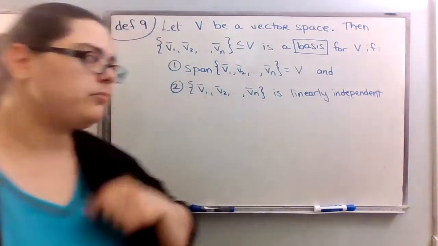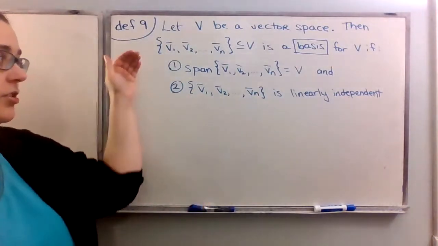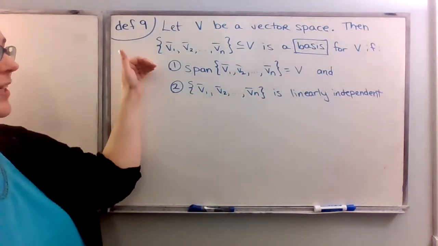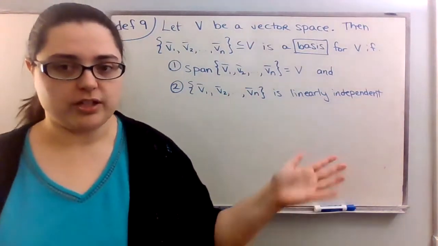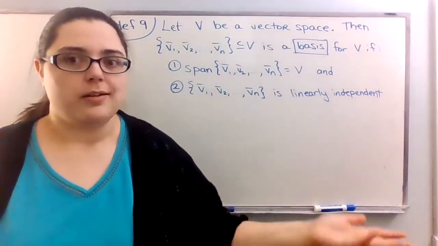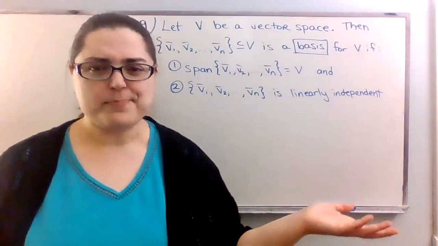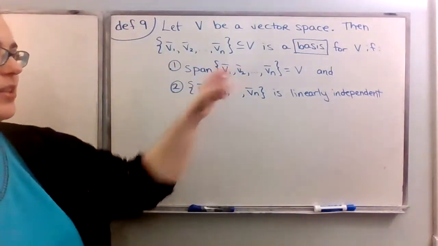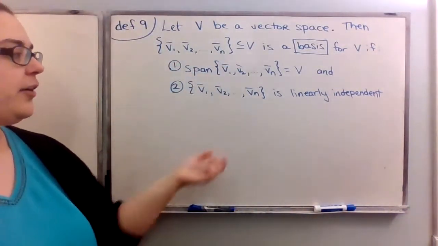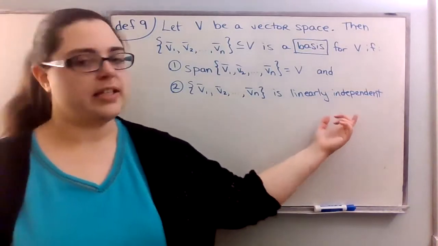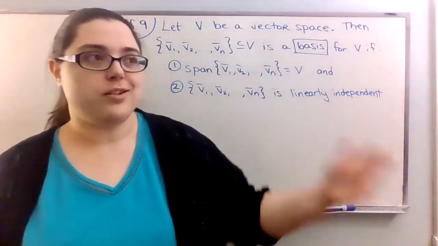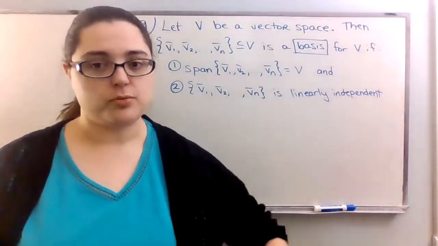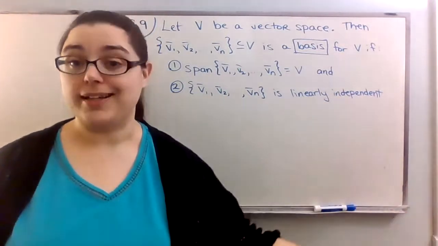So to help us achieve that, we have these two criteria here. We need the span of this collection of vectors to be our vector space. Otherwise, it wouldn't define the whole vector space, right? So that's why we need the span to be the whole vector space. And we want that collection of vectors to be linearly independent, so we don't have any extraneous vectors. We don't have any vectors that we don't need.